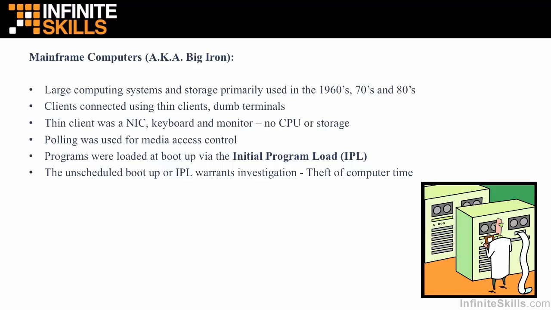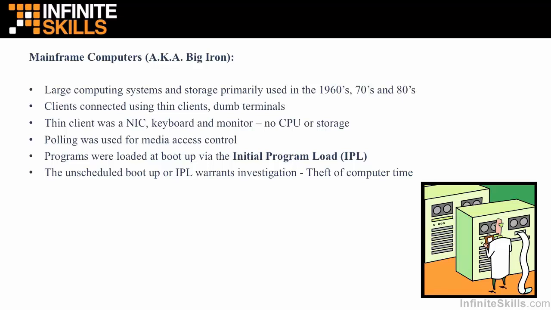Now, the way the mainframe would access these clients or give each of these clients a turn is through a polling process. See, the only intelligence in this network environment was in the CPU. However, we might have 100 or 1,000 or more users that periodically would need to access the CPU. So in order to give everybody an opportunity to use the mainframe, the mainframe itself would reach out to each client one after one after one and say, do you have something to say?